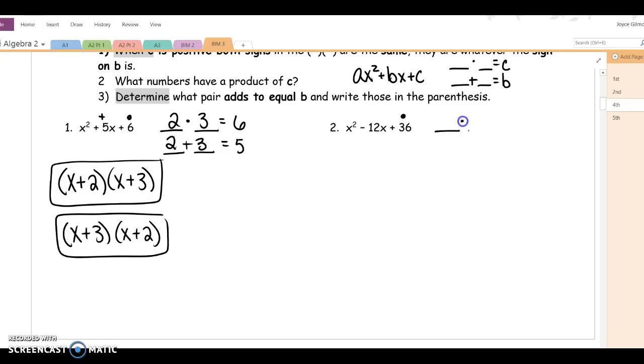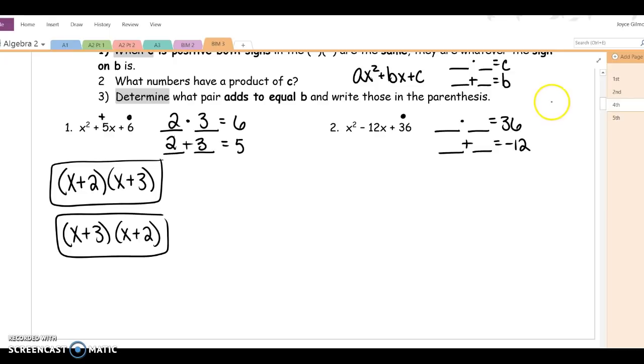So we want two numbers that multiply to give us positive 36 and add up to negative 12. And if you immediately know what those numbers are, good job. Your brain processes things in a very efficient way. Some of us, me included, our brains don't process things quite that efficiently, and there's nothing wrong with that.